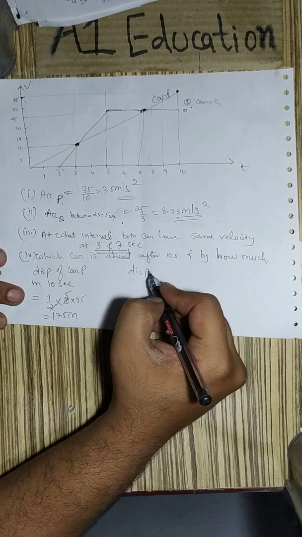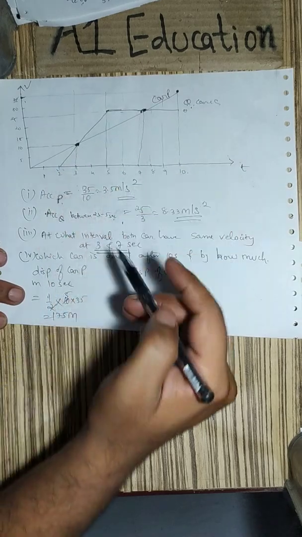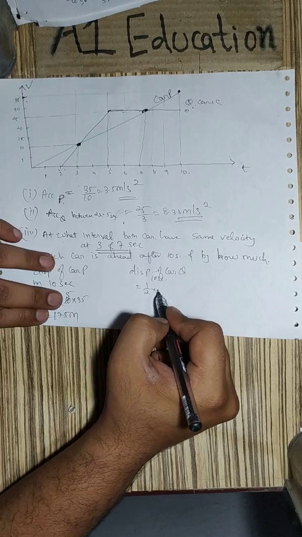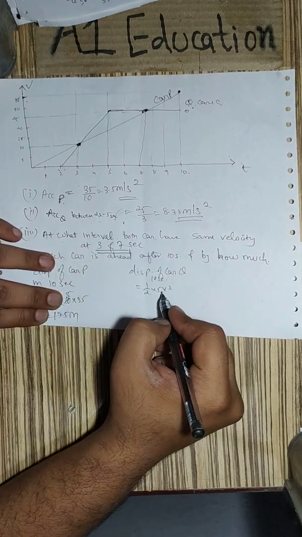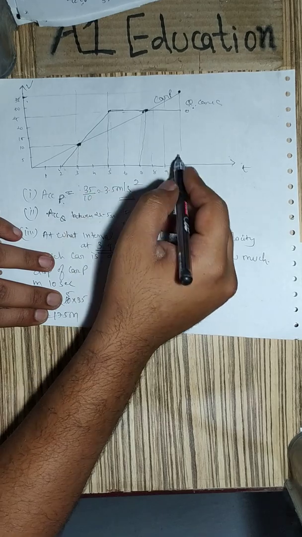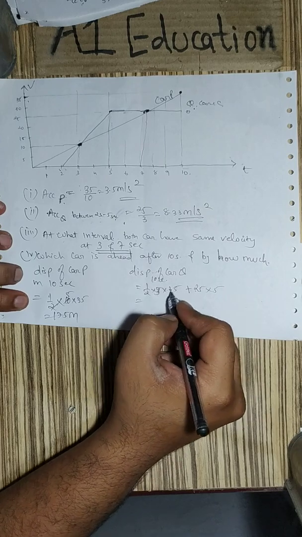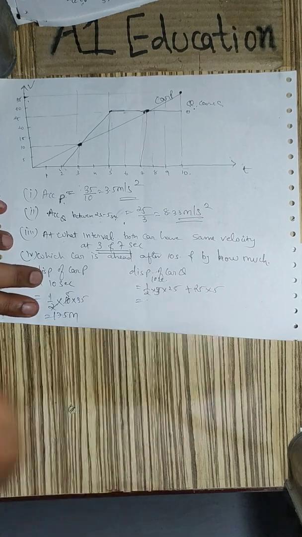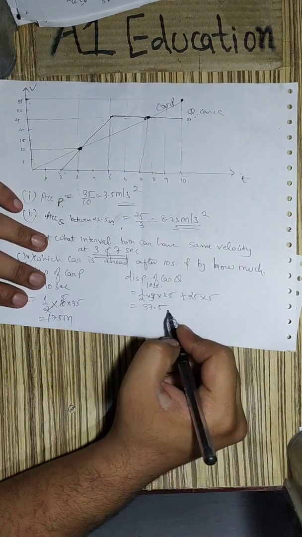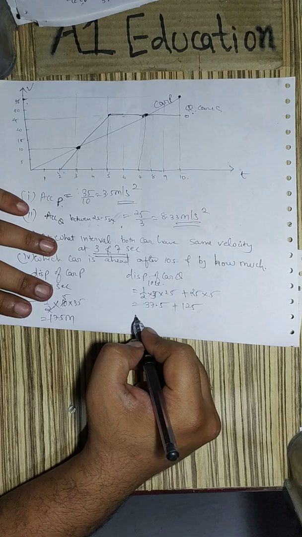Similarly, we calculate the displacement of car Q. Q has a triangle plus a rectangle. The triangle has area half, base 3 and height 25, 75 by 2, 37.5. Plus the rectangle, length is 5, height is 25, so 25 into 5, 125.